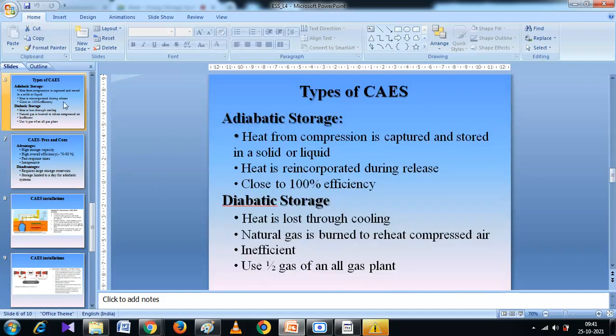Sir, adiabatic system. Is there any availability of adiabatic storage? Which one is more available, adiabatic storage or diabatic storage? Sir, diabatic. Diabatic. Good.